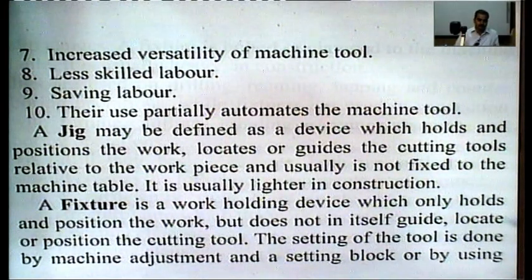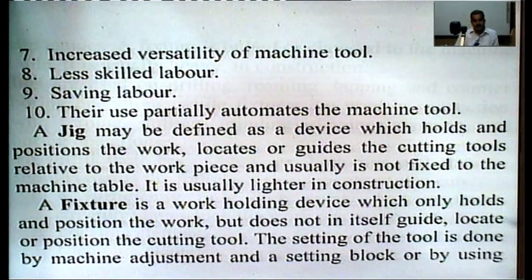Next, increased versatility of machine tools. With the help of these jigs and fixtures, a machine can be used for a number of operations instead of one or two operations. So, increased versatility of the machine tool is there.